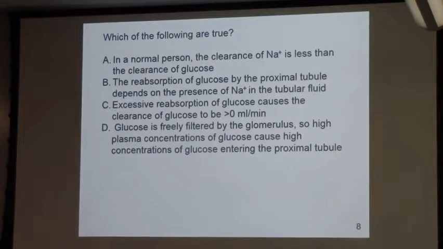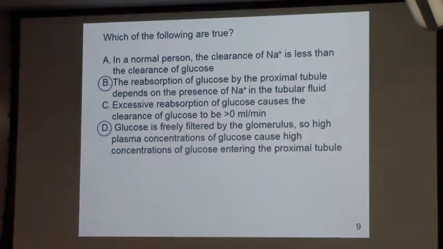Okay, let's do another one. I think B and D are the correct answers here.